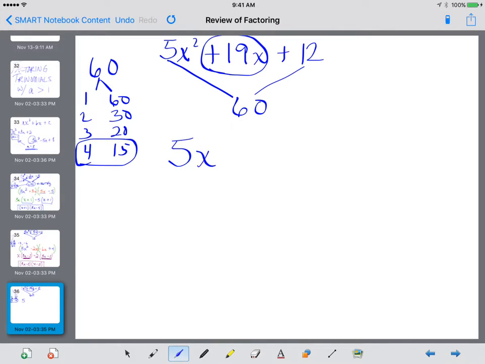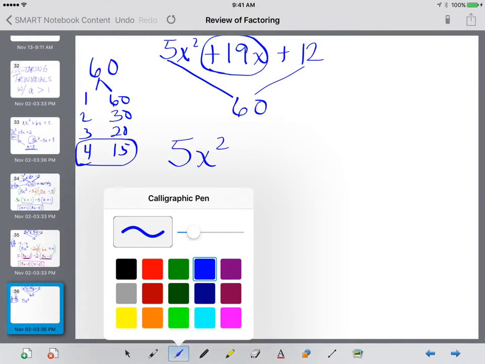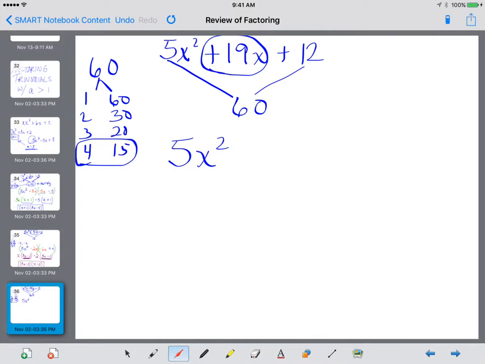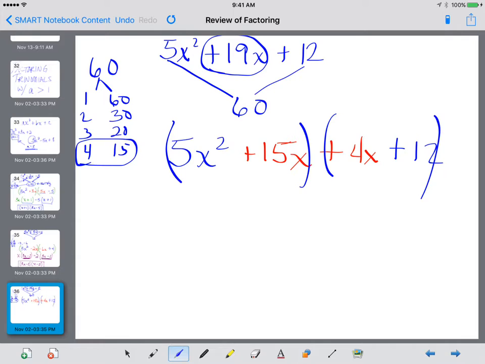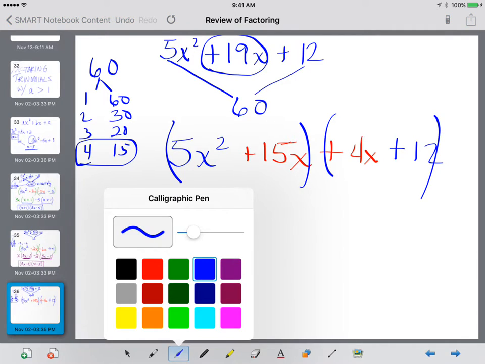So I'm going to say 5x squared. Again, it doesn't matter, I could write 15 first. Let's try doing that this time. We'll write 15x first. Then we'll write 4x. And then we'll write 12. Now we need to group these and factor out the greatest common factor.